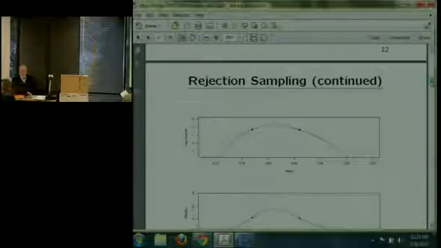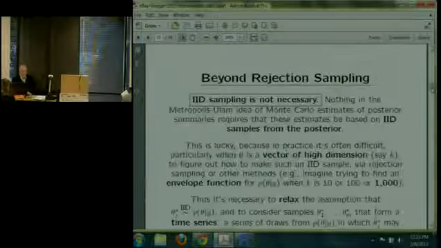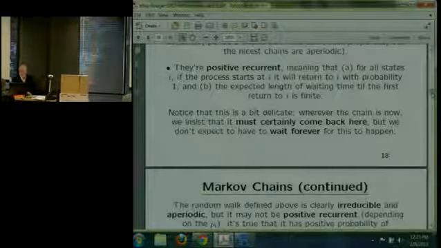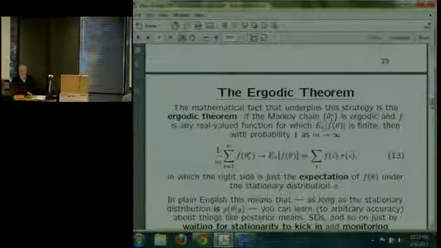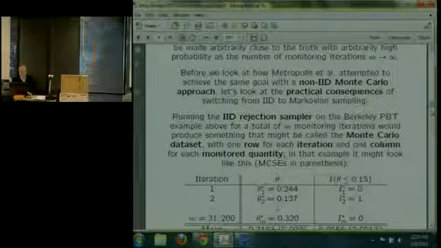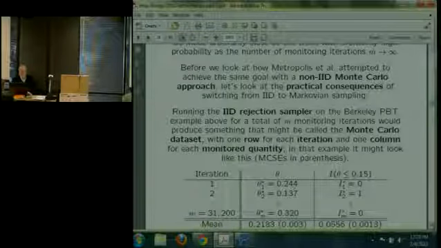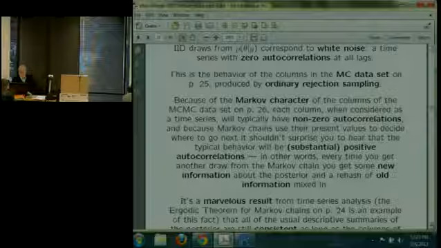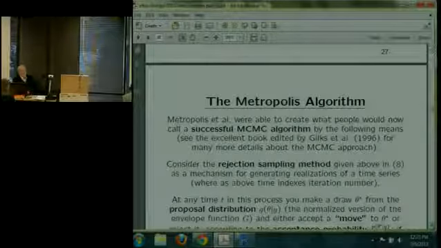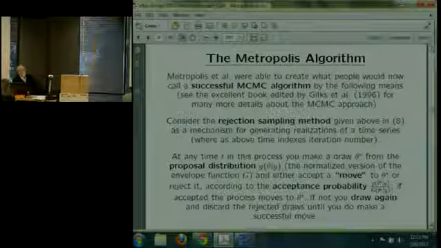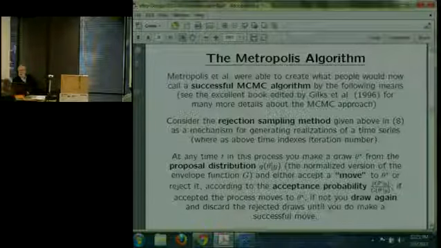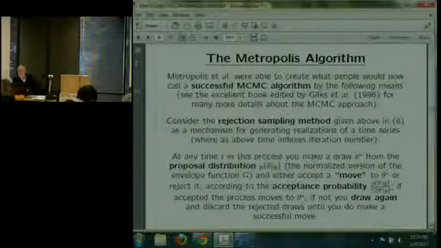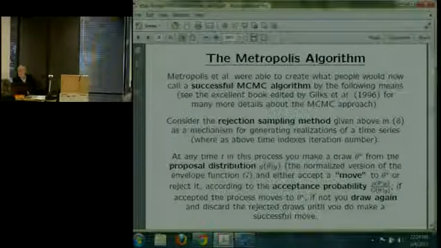What Metropolis et al. were able to do was something very clever. You'll notice that in von Neumann's algorithm, the proposal distribution, the normalized version of the envelope, always stays the same. For every single draw, you use the same exact envelope function and therefore the same exact proposal distribution.